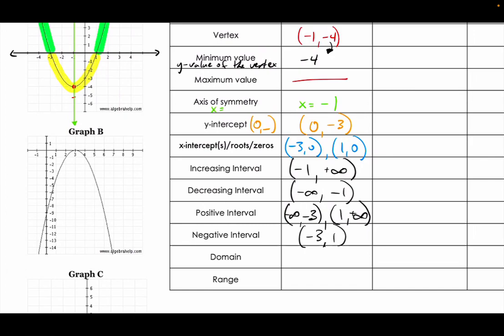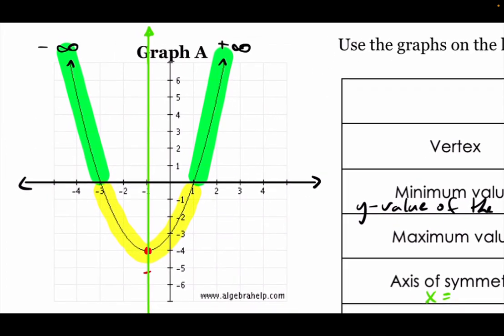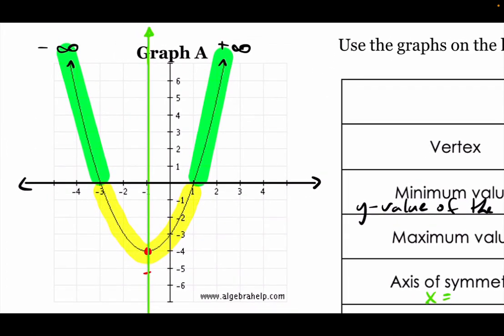Domain. Okay, so how do we do domain? Domain is like this. If I wanted to box the graph in from the sides, could I do it here, or would it bust out the sides? It's going to bust out the sides, right? How wide would I have to go for it not to go out the sides of my box?